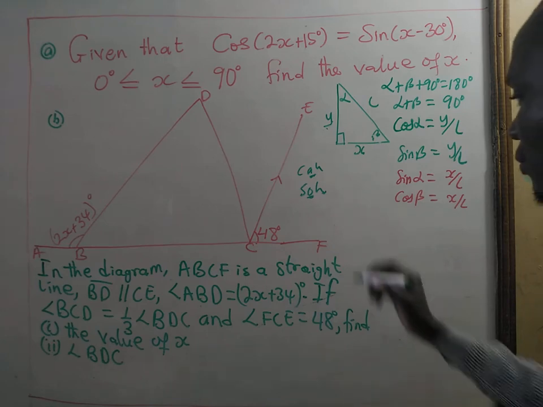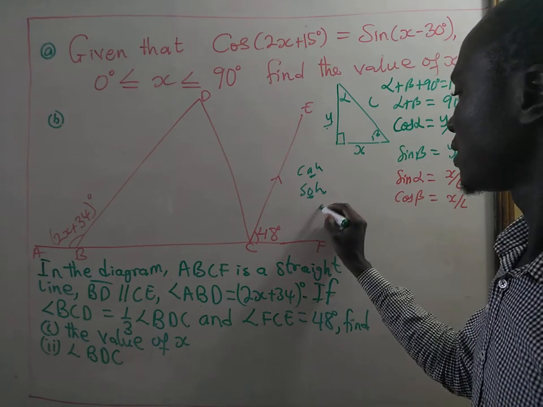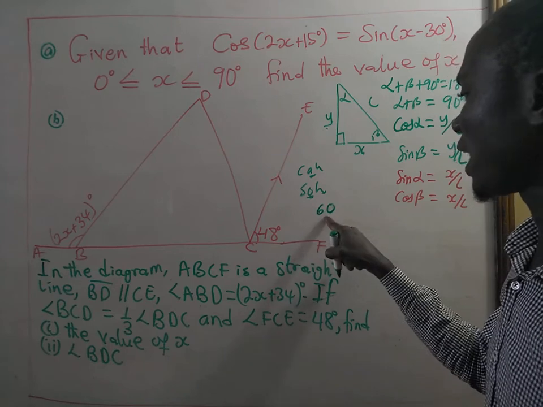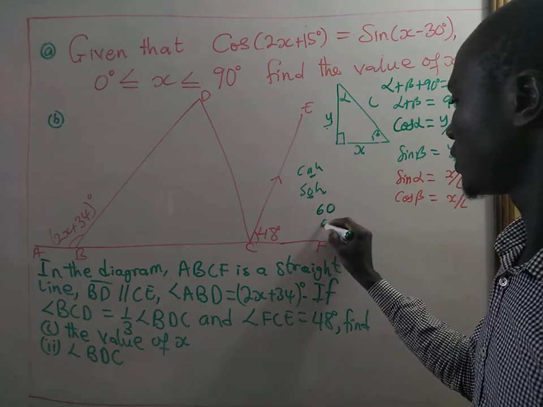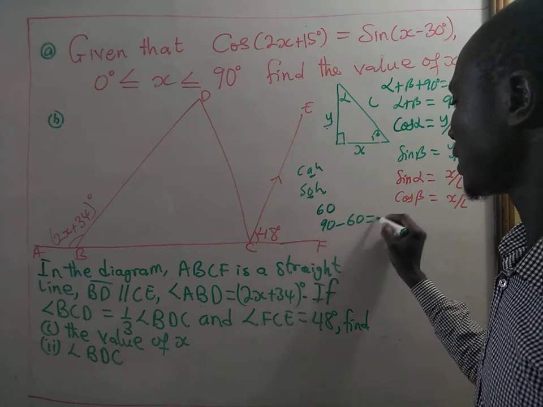For example, if I take 60, what angle will I add to 60 to get 90? I'll take 90 and subtract 60 from it, and it is 30.